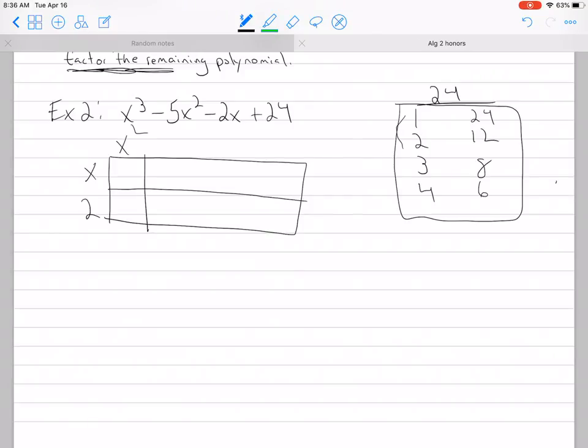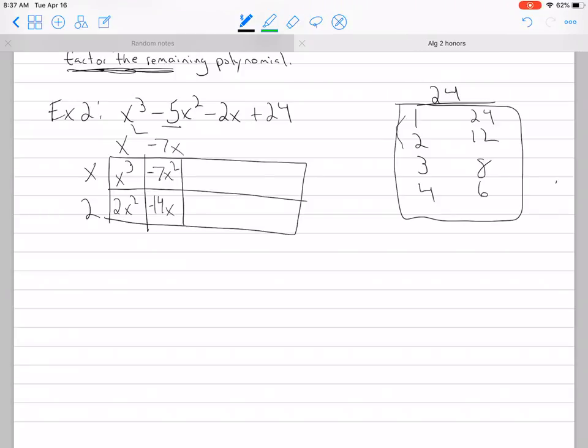Boom. X cubed, 2x squared. And notice now, right here, I know I need this to end up being negative 5x squared. So I'm going to make this a negative 7x squared. And this becomes negative 7x. And this becomes negative 14. Negative 14x.